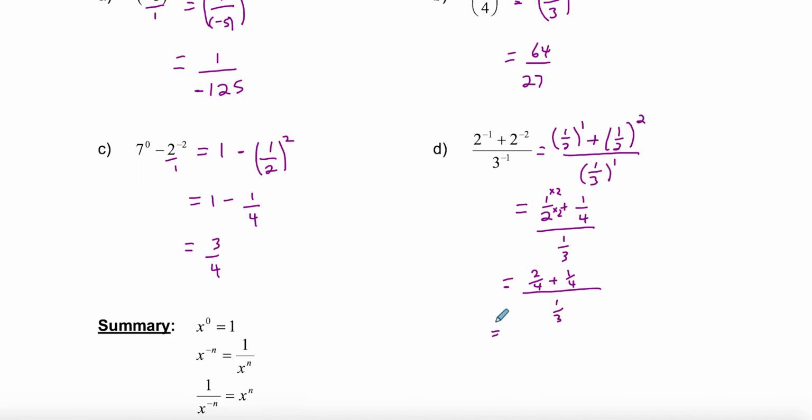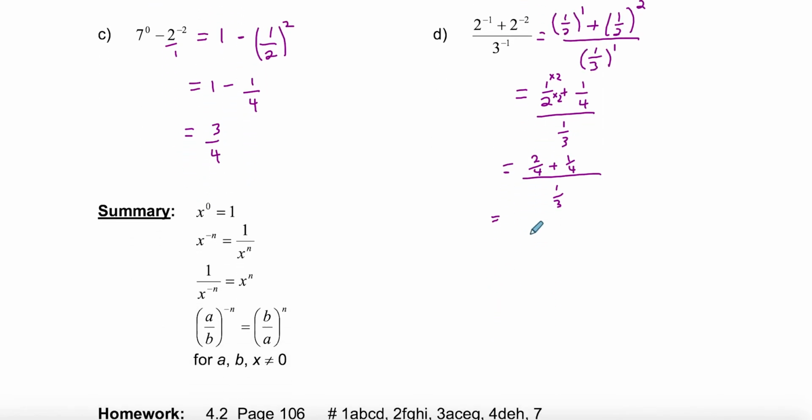So this just keeps going here. We have 2 quarters plus 1 quarter, that's 3 quarters, divided by 1/3. Now that looks pretty weird. I call this like a double-decker fraction. You have 2 fractions and this dividing line in the middle.